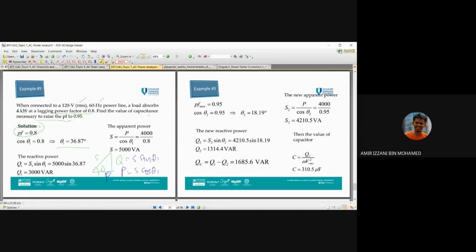So Q1 is S1 sine theta 1, and S is 5000, so 5000 sine 36.87 gives Q1 of 3000 VAR.